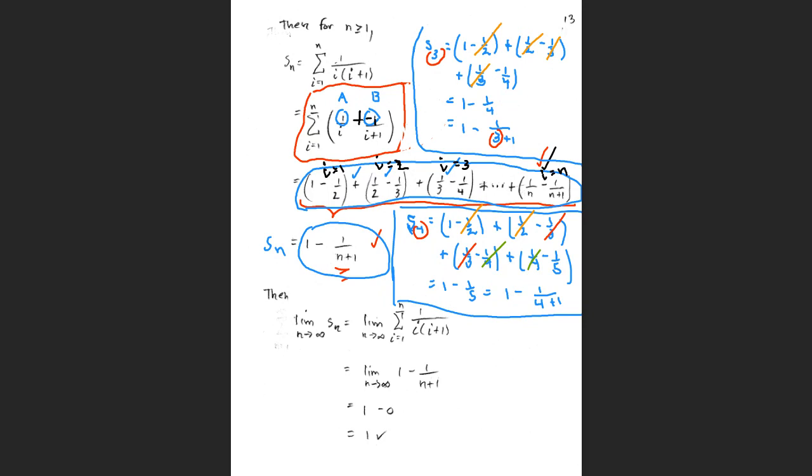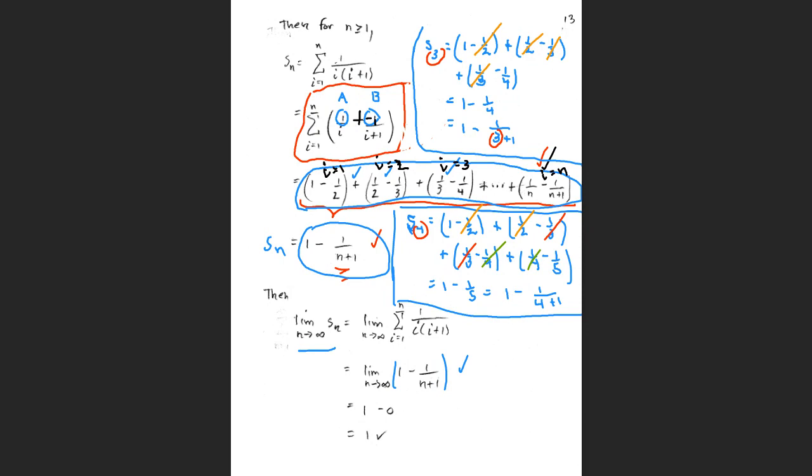And now that we have a formula for the nth partial sum, we can take the limit of this nth partial sum. And clearly, the limit as n goes to infinity is the limit of 1 minus 1 over n plus 1 as n goes to infinity.